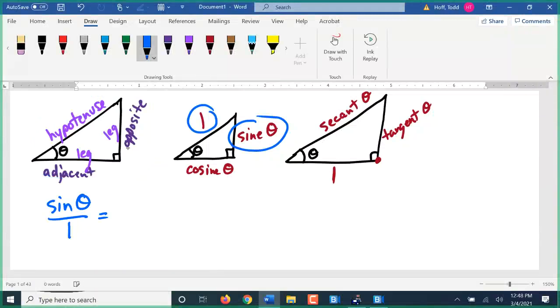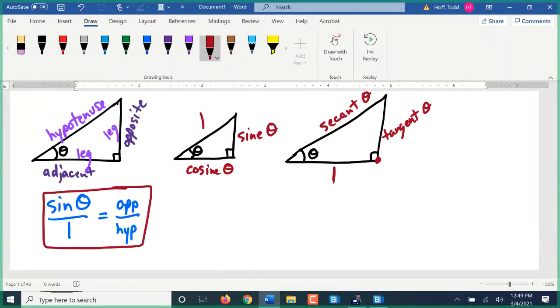Well, the side in this triangle that corresponds to the sine is the opposite side. I'm just going to abbreviate that OPP. The side that corresponds to the 1 is the hypotenuse. I'm going to abbreviate that HYP. This is a formula. If you've had trig before, you probably recognize it. Sine over 1, we can ignore the over 1. Sine of an angle is equal to the opposite side divided by the hypotenuse.